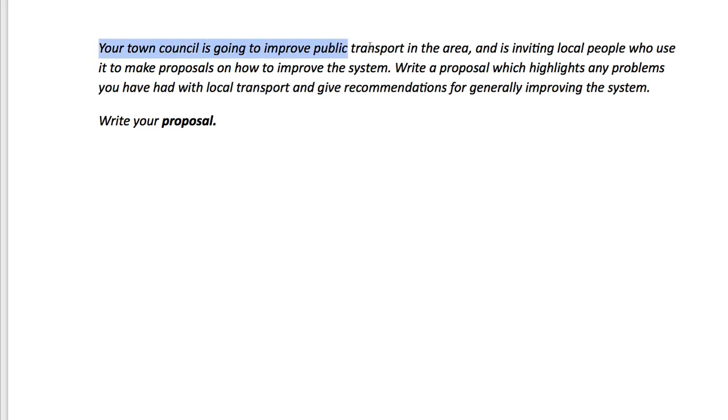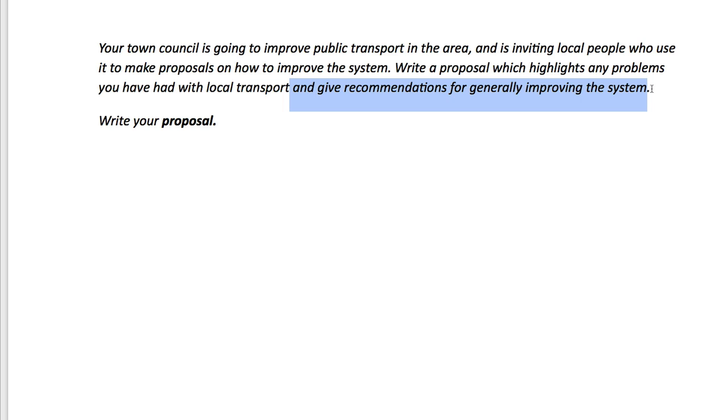Your town council is going to improve public transport in the area, and they are inviting people who use it to make proposals on how to improve the system. Write a proposal which highlights any problems you have had with local transport and give recommendations for generally improving the system.